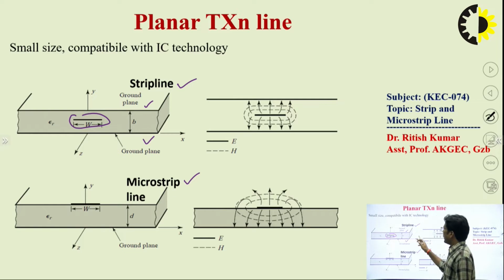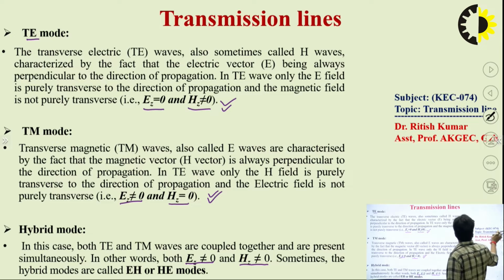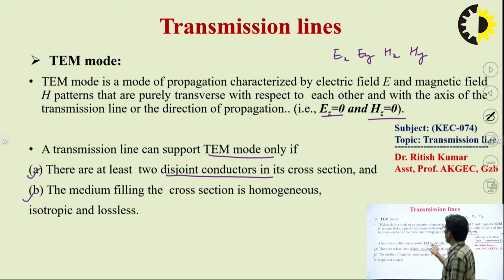In the last slide, as we discussed, for the condition of pure TEM mode, two conditions need to be verified. The first one is that at least two disjoint conductors should be present, and the medium filling surrounding the center conductor should be isotropic, homogeneous and lossless.